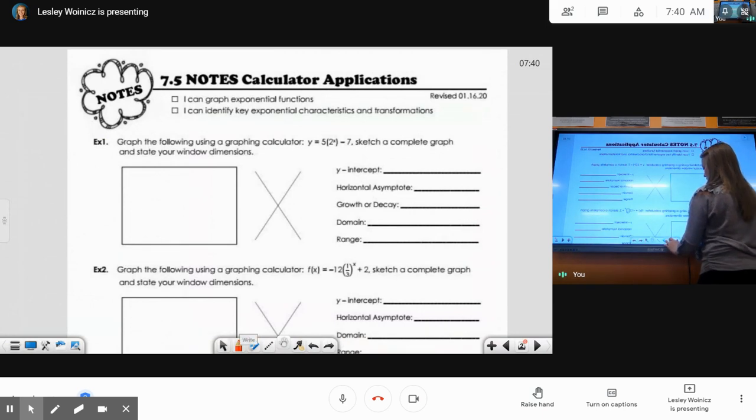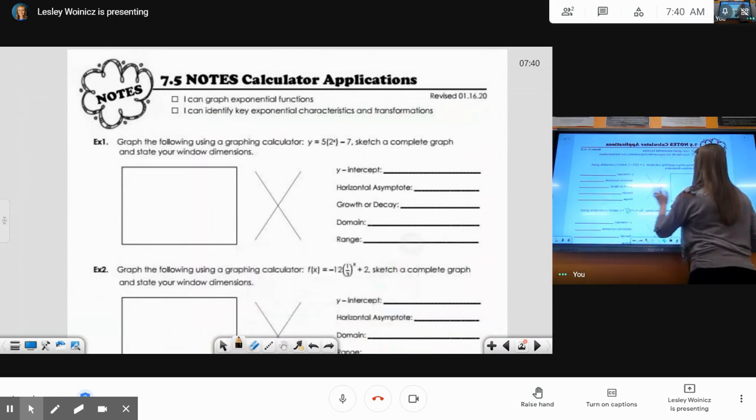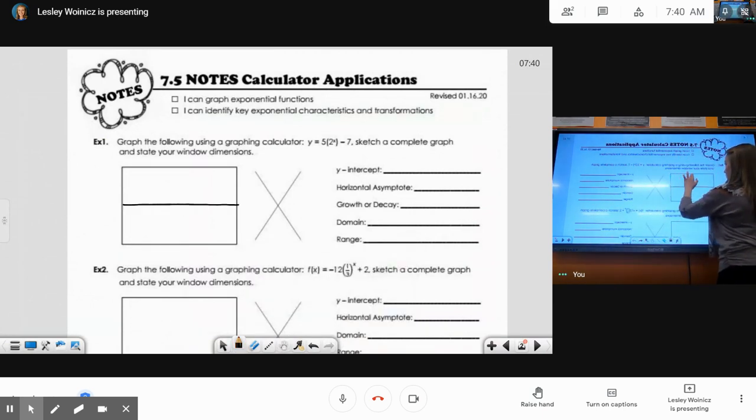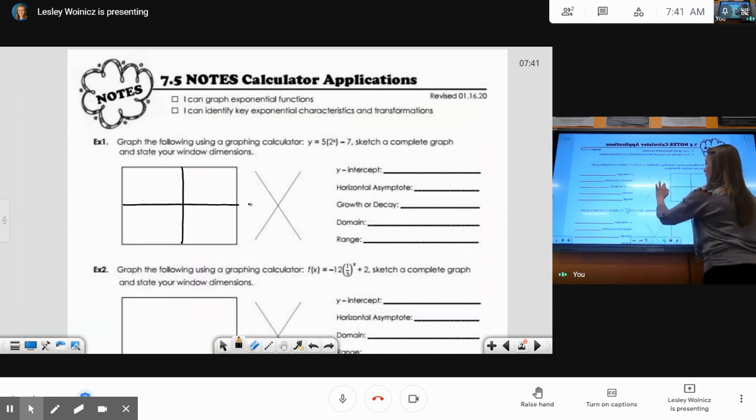Okay, so go to your paper, and we're going to draw this. My window is going from -10 in the x direction to +10 in the x direction, so what I write in this little x is that I'm going from -10 to +10, side to side for my x's.